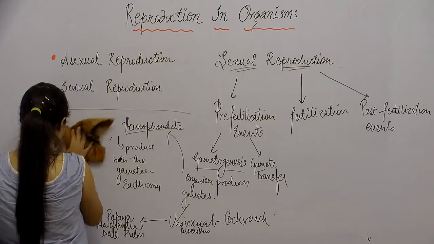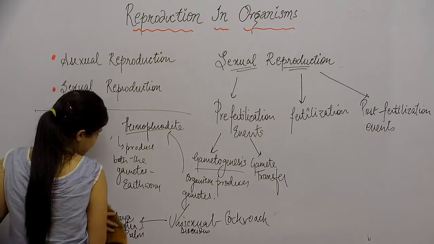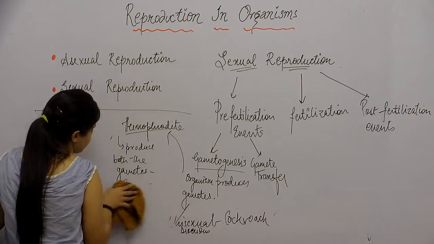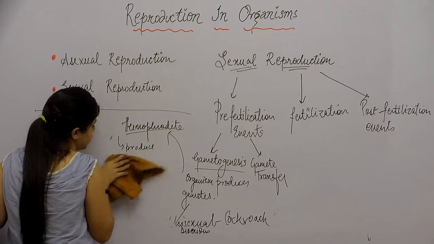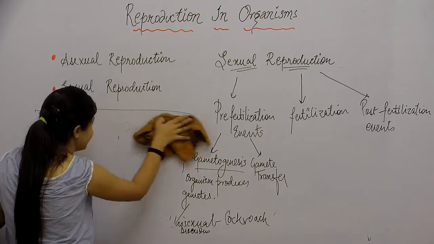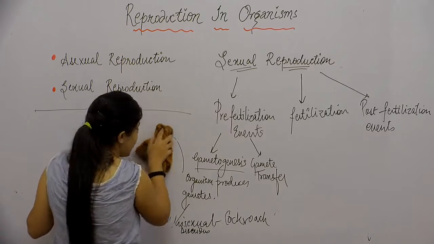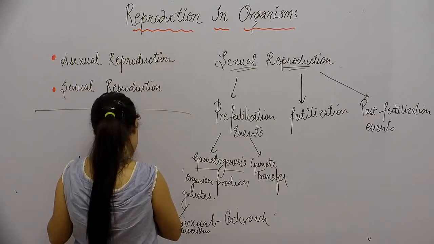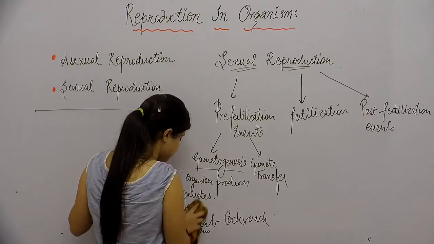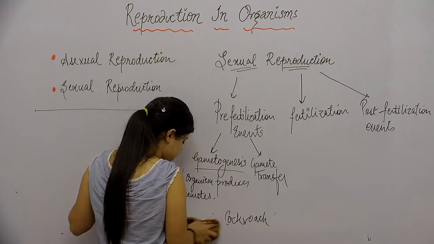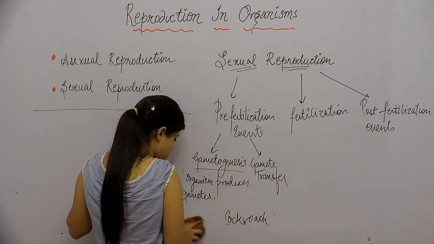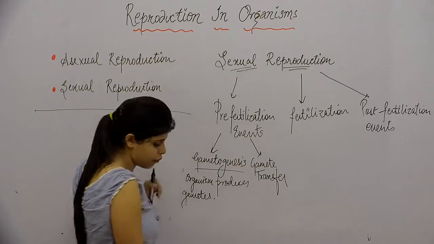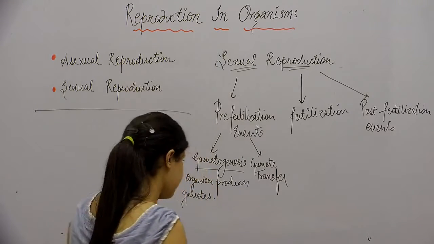So there are various plants whose parents are themselves haploid. This is in the case of the bryophytes and the algae. But in the higher plants such as the gymnosperms, pteridophytes and angiosperms, this is not the case. The parent body is diploid. So from a parent body which is diploid, you have to produce a gamete which is haploid.